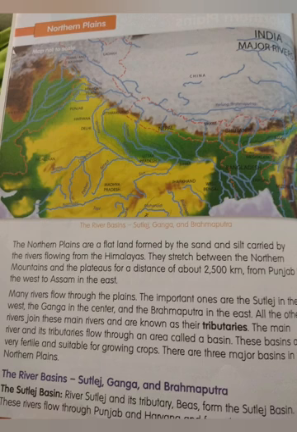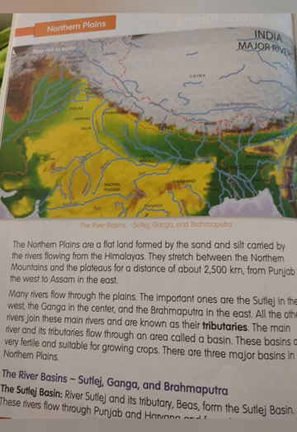The main river and its tributaries flow through an area called a basin. These basins are very fertile and suitable for growing crops. There are three major basins in the northern plains: the river basins of Satluj, Ganga, and Brahmaputra.